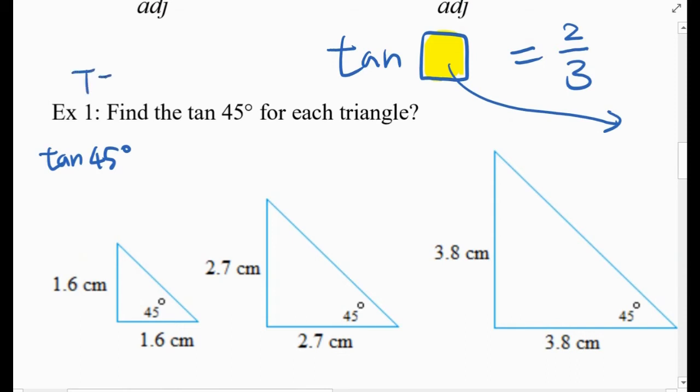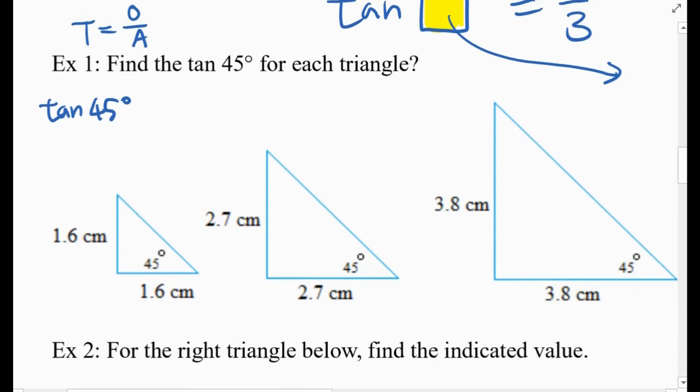So tangent is O over A. Before we find the ratio, the first step is always to find the name of the side. We have a 45 degree angle here, so this is opposite. Let's name all the sides: opposite, adjacent.